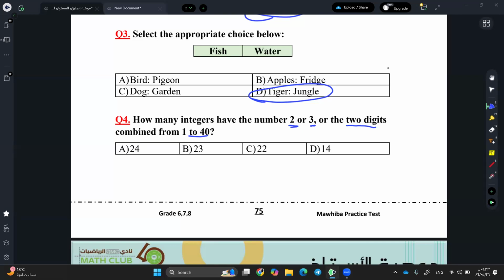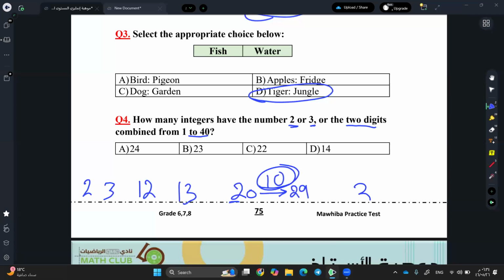Okay, what do you think? Let me help you here. First, it said how many integers have the number 2 or 3 or the two digits. So from 1 to 40, we have first 2, we have 3, and then 12, 13, and then from 20 until 29, it's going to be 10 numbers, right? 20, 21, 22, 23, 24, and so on, so it contains 2.